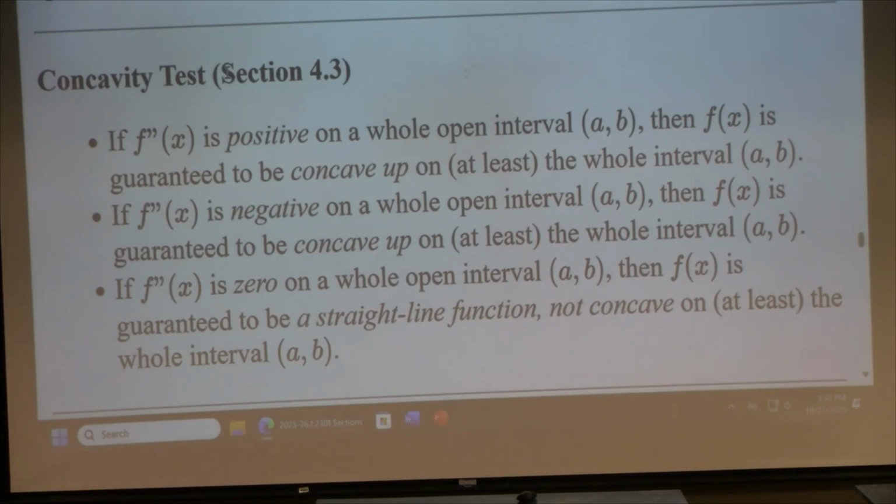All right, well, we're going to return to that monster example that we did a while ago.